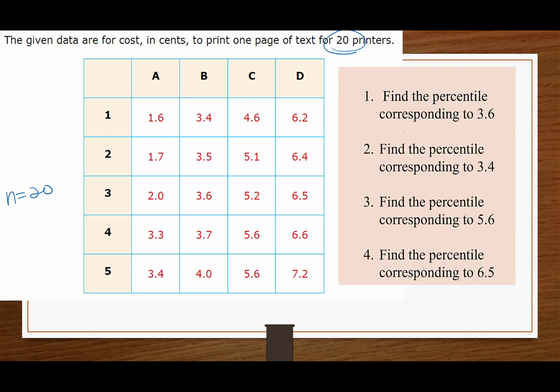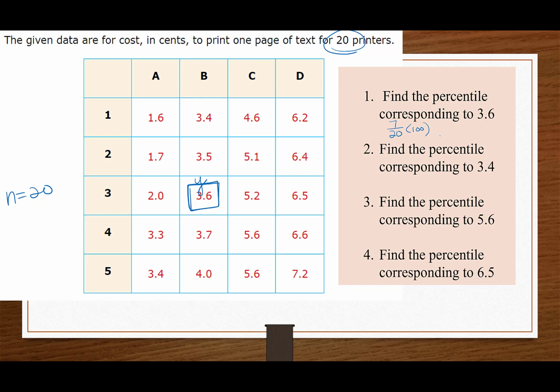Find the percentile corresponding to 3.6. So I'm going to start at the very top and identify 3.6 is right here, and that will be our variable y. Now I'm going to count the values less than y. 1, 2, 3, 4, 5, 6, 7. So for question 1, it's not a ton of room, but it would be 7 out of 20, and I'm going to multiply that by 100.